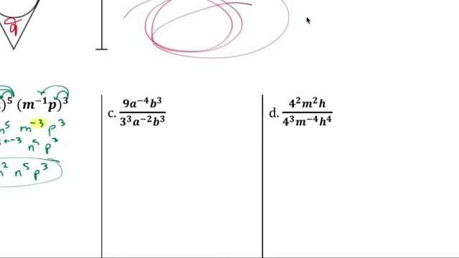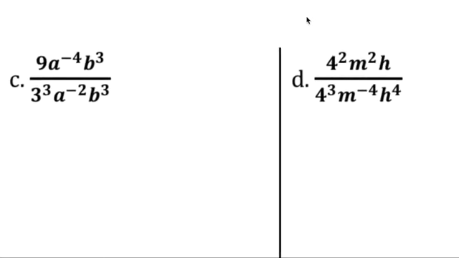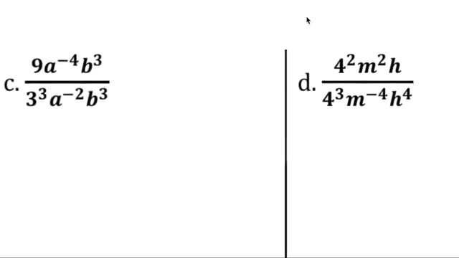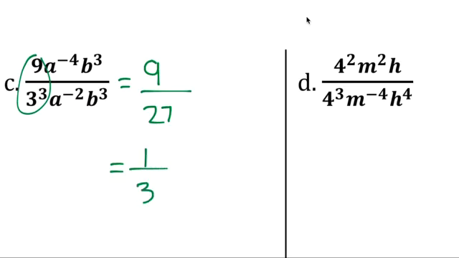Okay, and then this one, I'll do this one and you guys do the last one. So you subtract 9, because these have different bases, you just go ahead 9 over 27, which is reduced to 1 over 3. And then a to the negative 4 minus, and that's a negative 2 for a.